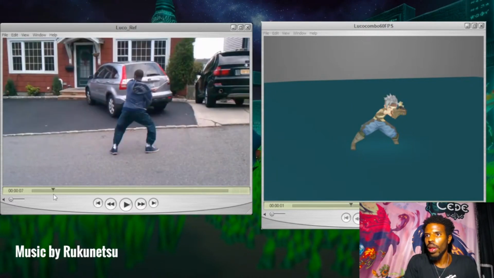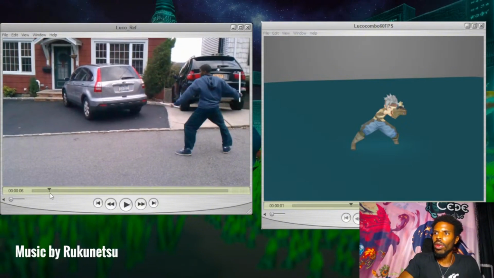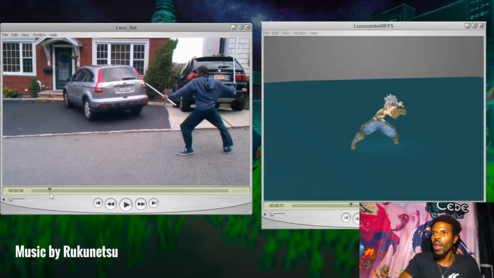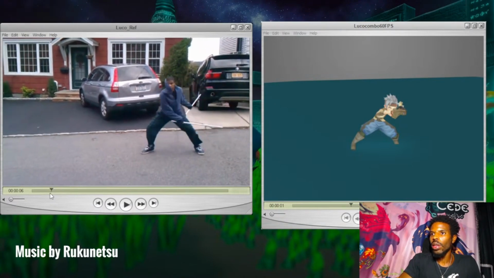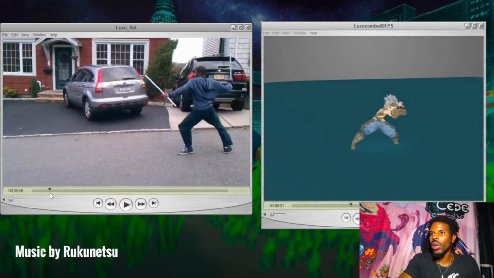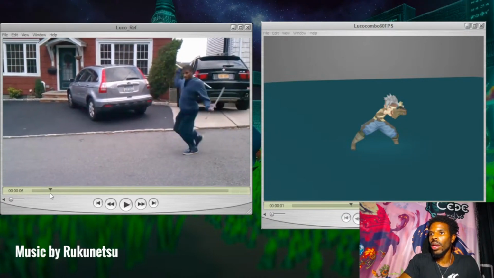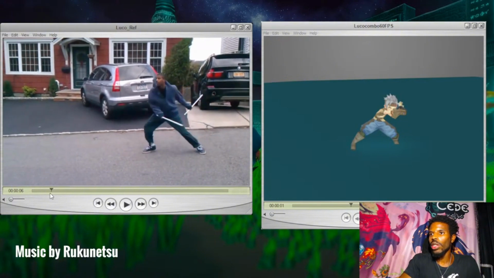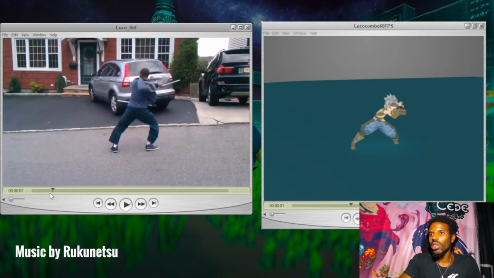Squash and stretch. All right, so basically with squash and stretch, I'm looking at my body. Squash down. My leg. What my leg is squashing and stretching, my body squashing and stretching, like right here.